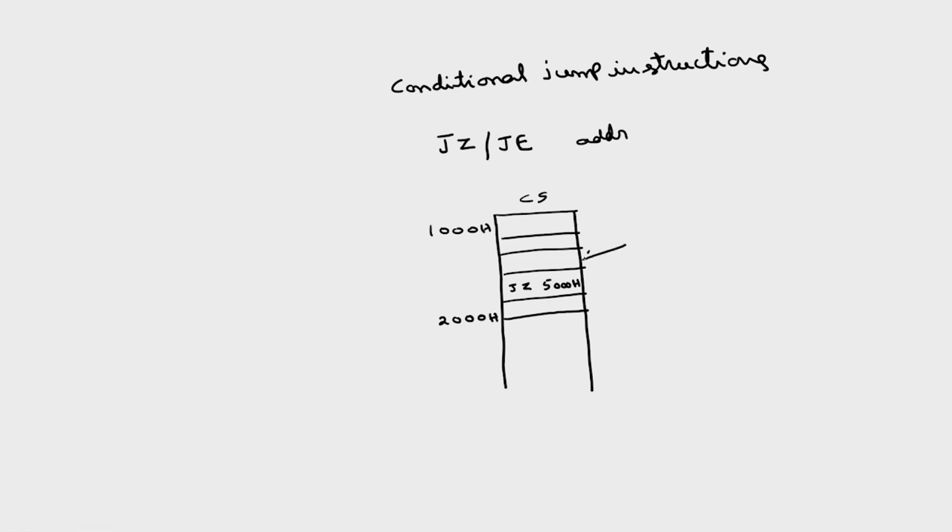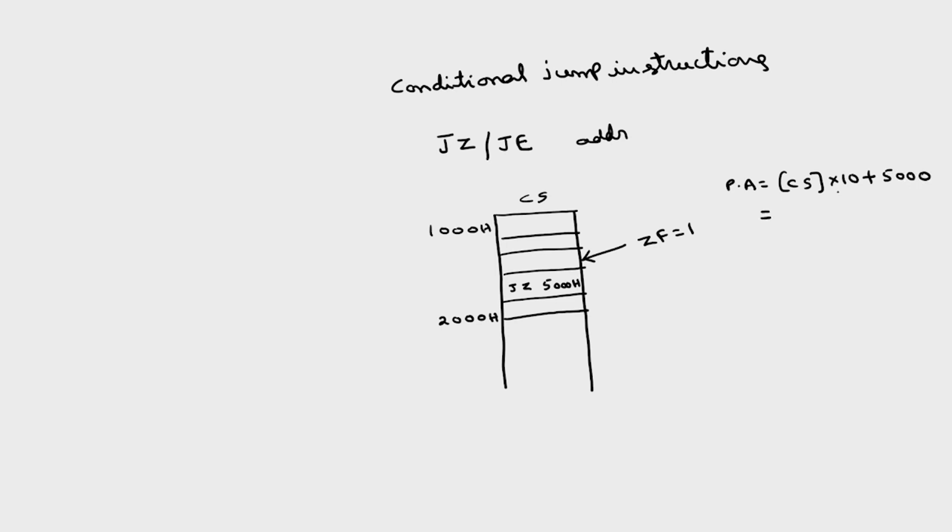So, if the zero flag is set by the instruction above, after this jump instruction the microprocessor control will go to the physical address, which can be calculated as follows. The code segment physical address will be the code segment contents into 10 plus the address that is specified, 5000.